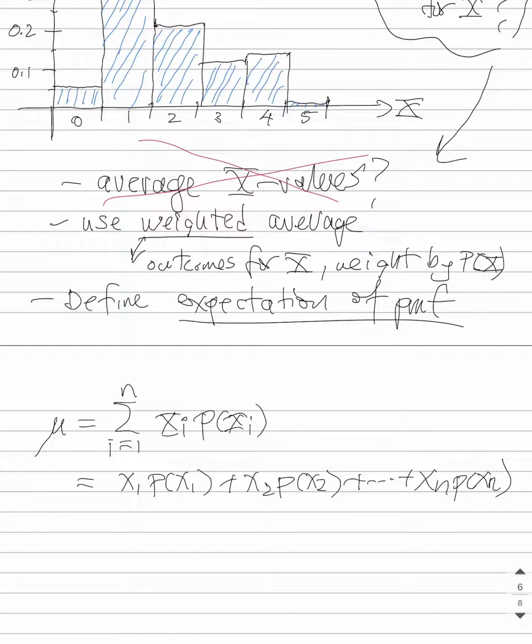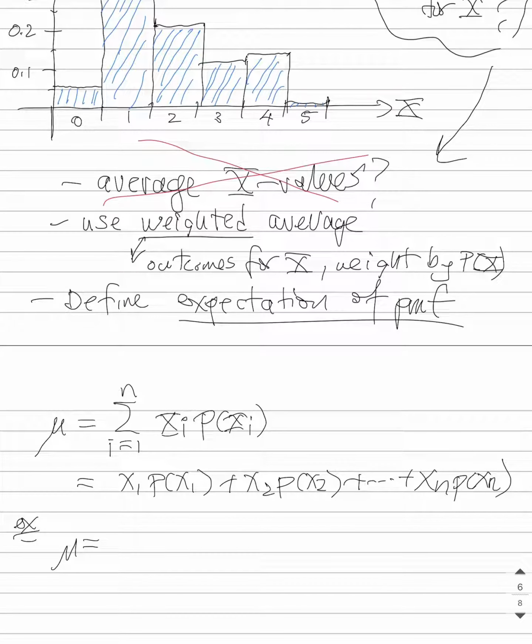So in our particular example here, if we wanted to know the expectation of this mass function, we would take the individual outcomes. So for instance, we would sum, where i starts at 0 and goes up to 5, of all of these x_i times p(x_i). The first outcome is 0, and that should be weighted by the probability 0.06.